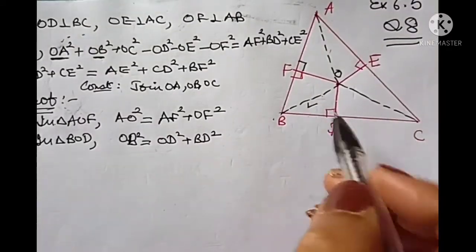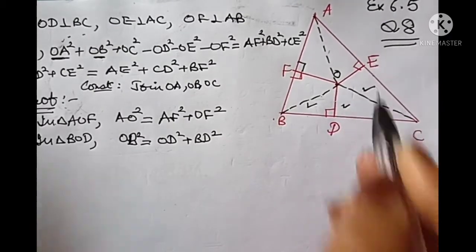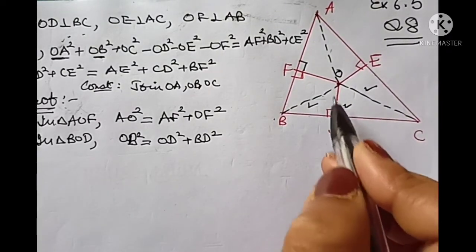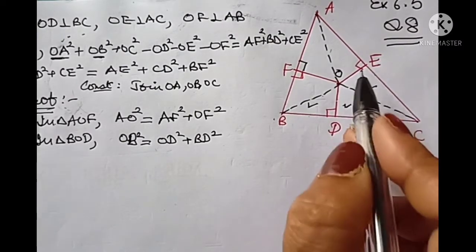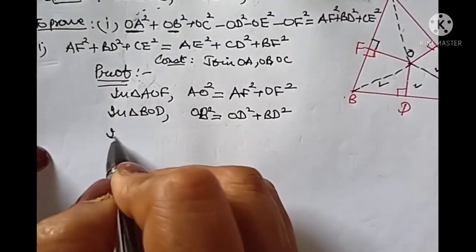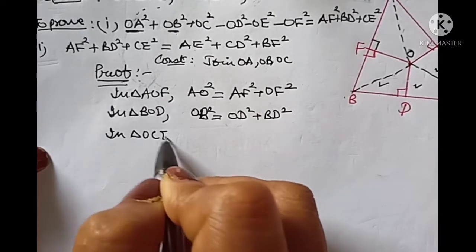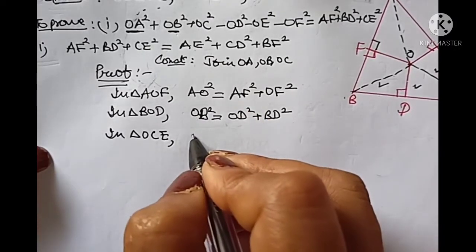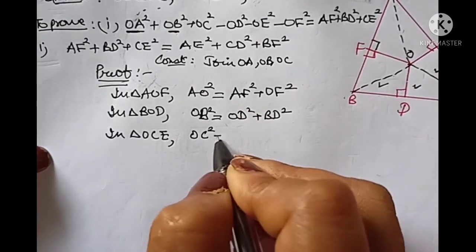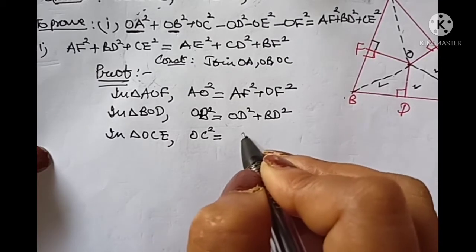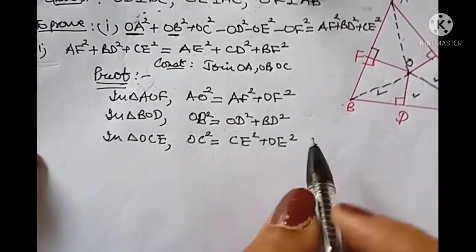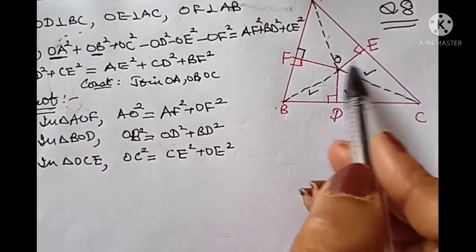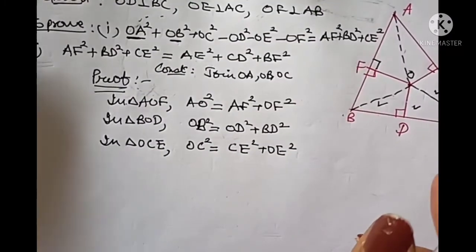Now again for OC I can have either this triangle or this triangle. Now in this triangle OD has already come. So I will consider triangle OCE. So I hope you know how to consider the triangles. In triangle OCE, OC square is equal to CE square plus OE square. See, this order doesn't matter. Whether you take OE first or CE first, it just doesn't matter.